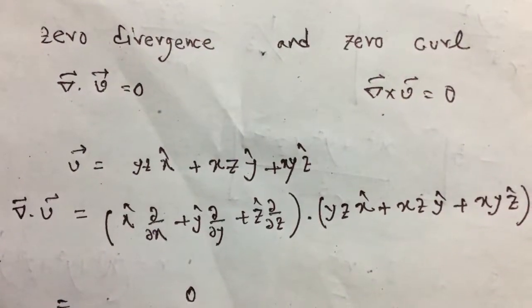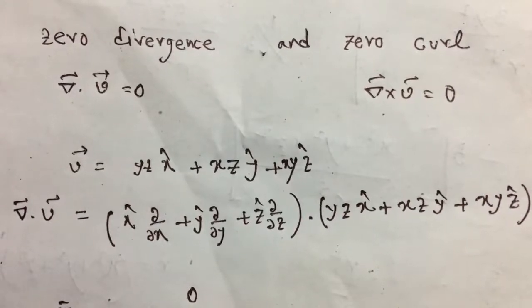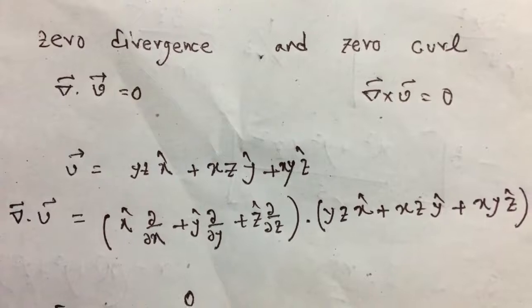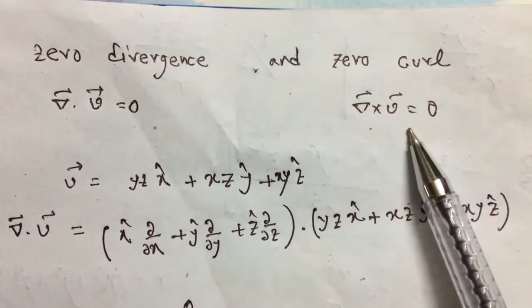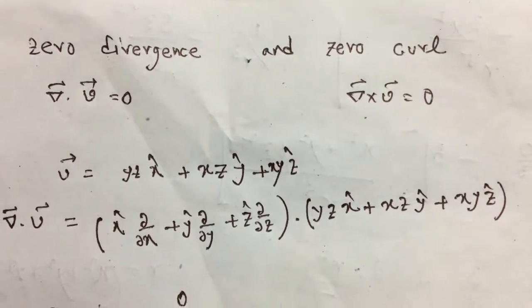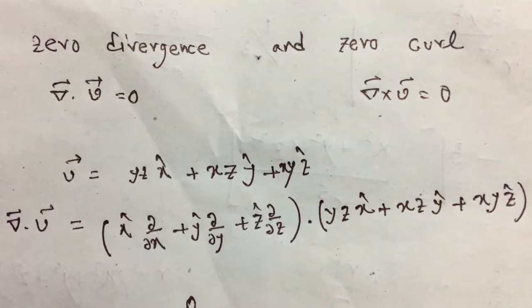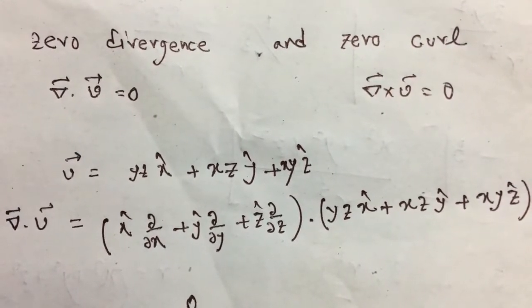Let's construct a single vector for which both divergence and curl are equal to 0. That means if the function is V, then del dot V equals 0, and del cross V is also equal to 0. Now you may think of a constant: the divergence of a constant is equal to 0, and curl of a constant is also equal to 0.